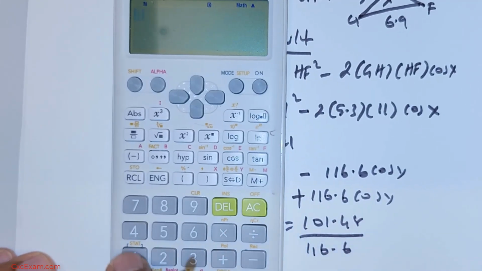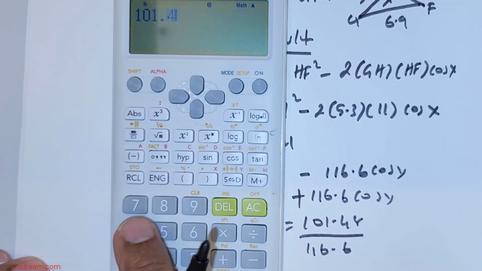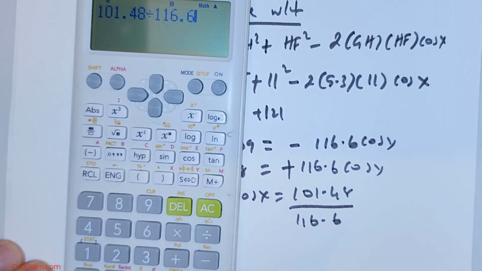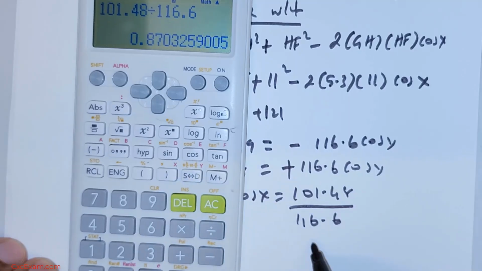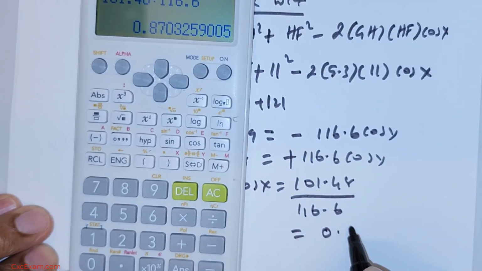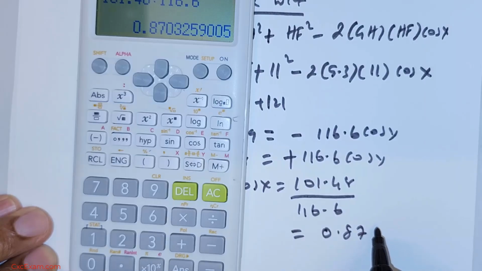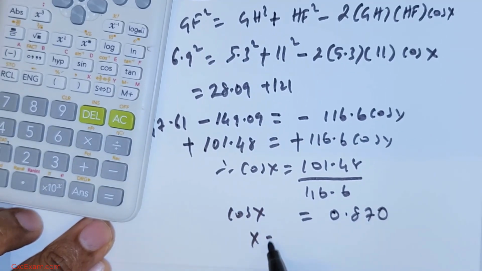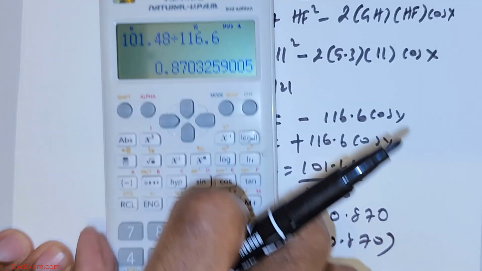So find that value out. What do you get? You get 0.870. This is cos x. Now x is equal to cos inverse of 0.870.